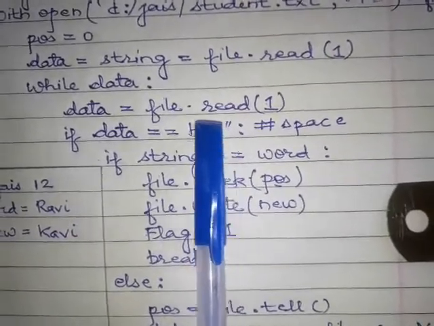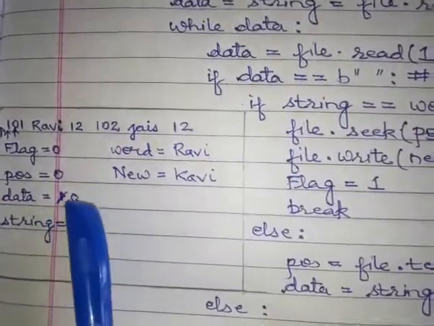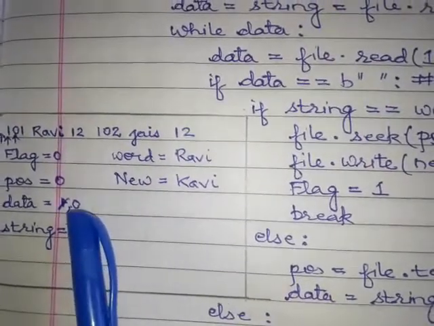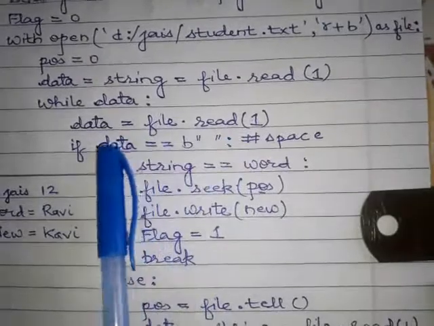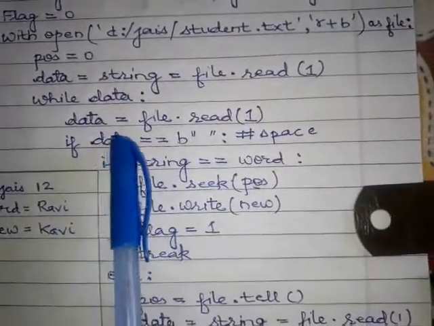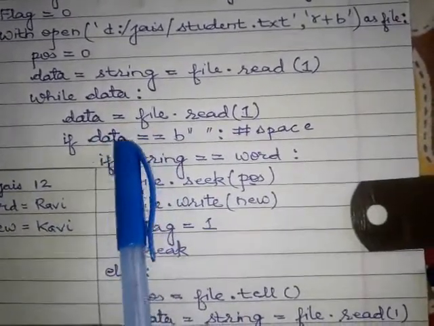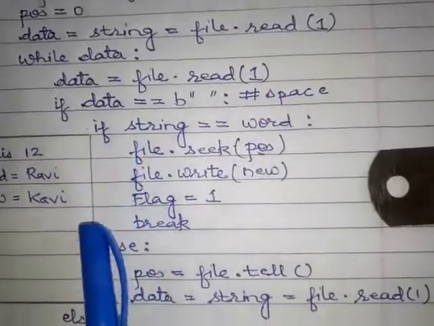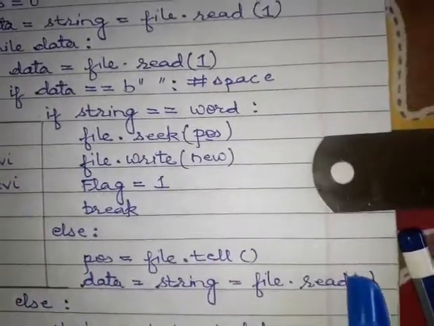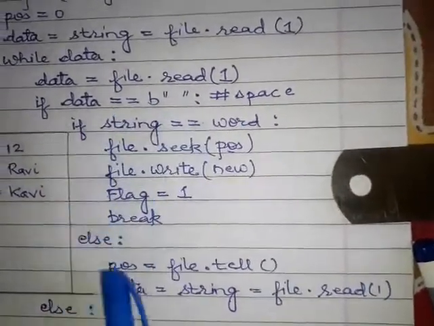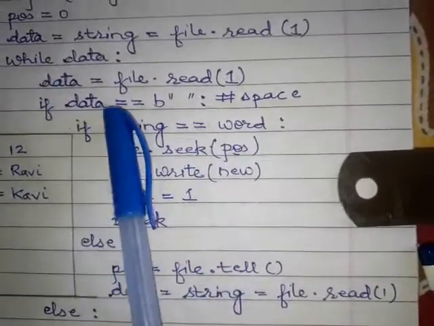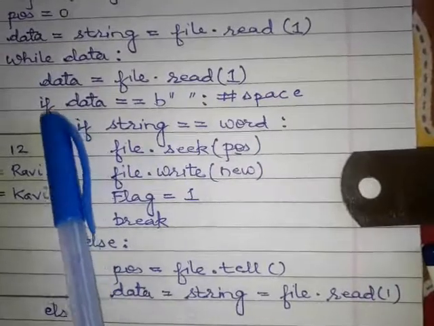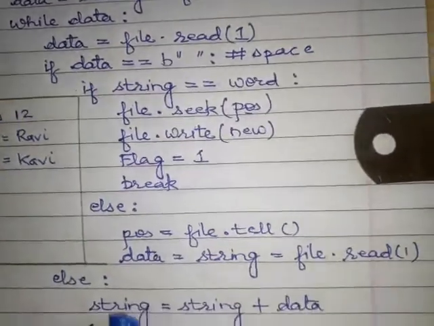Data doesn't contain space, actually it contains 0. So this statement is false, so we will not enter this if block. This part is the total if block, so we will skip it.